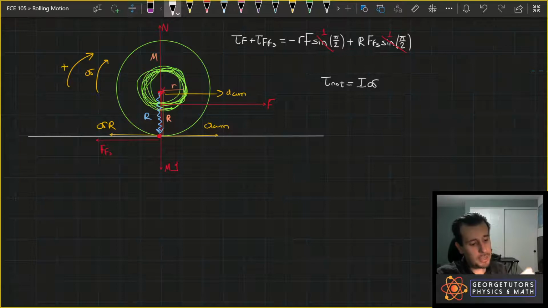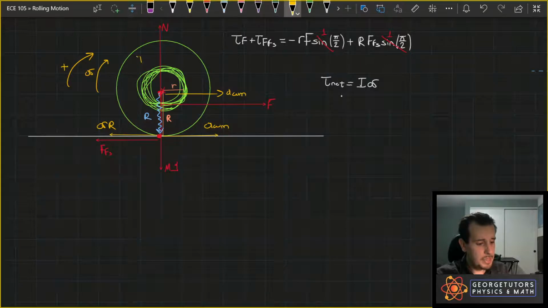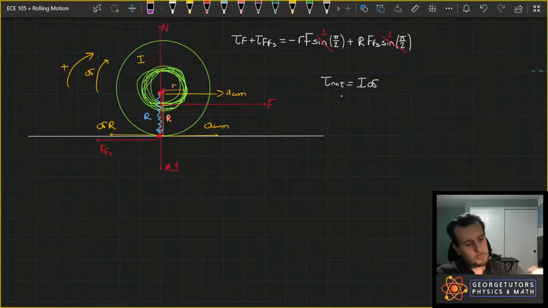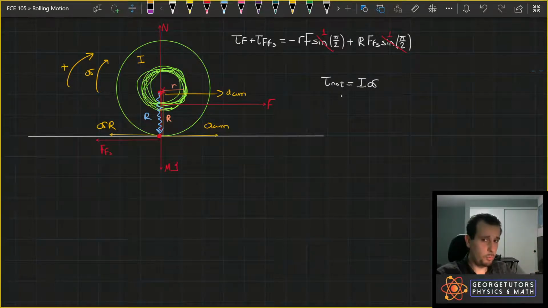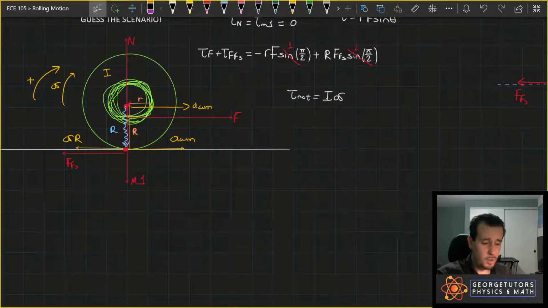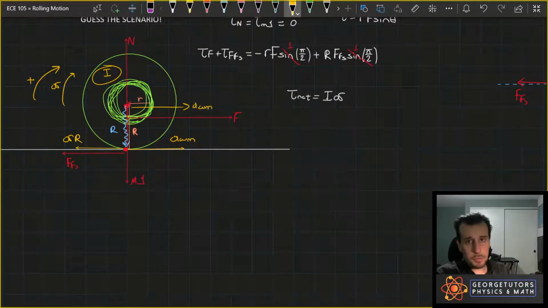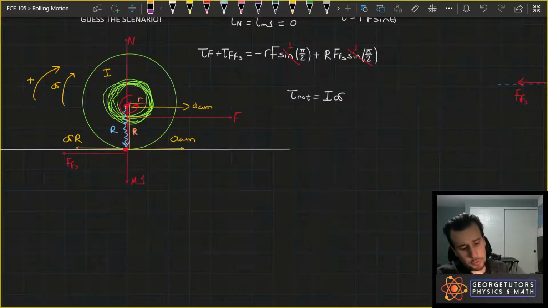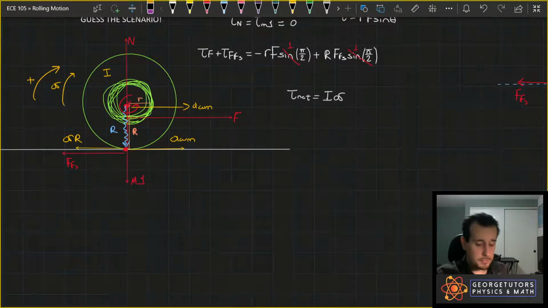For the problem at hand, I will allow you to use the moment of inertia as a given, because I don't want to spend too much time doing extra parallel axis theorem practice. If not, you can determine it with a little more effort, but I don't want to make this video unnecessarily long. So I'll provide the moment of inertia with respect to the rotation axis, which is here in the middle. That is the center of mass. Consider it provided, okay? Consider that it's being given to you.